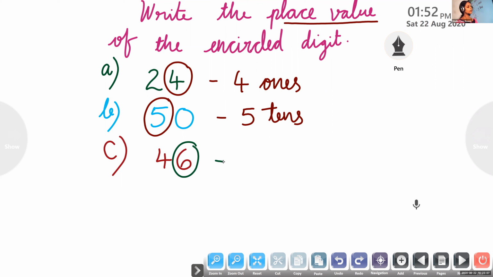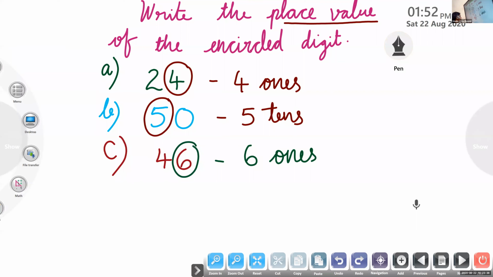What is the place value of 6? It is in the ones place. So what is the place value? 6 ones. Not only ones, you have to say 6 ones.